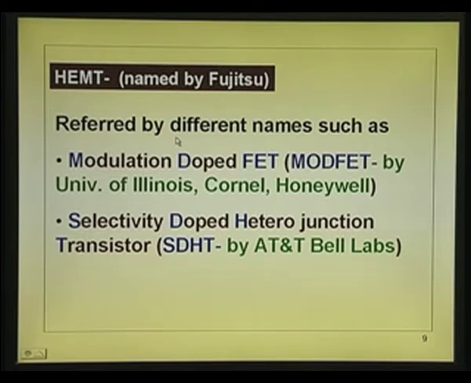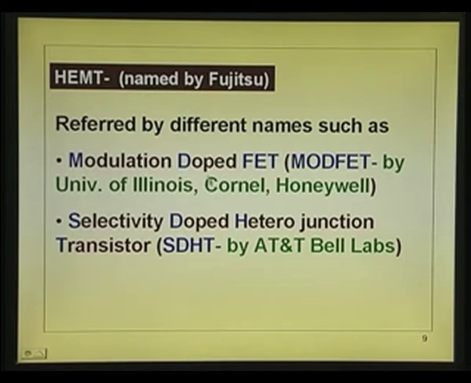So, people ask what is there in the name, it is the same device. But people like to call it MODFET, it is the same high electron mobility transistor, modulation doped field effect transistor. It is called by University of Illinois, Cornell, Honeywell, industry and the universities.